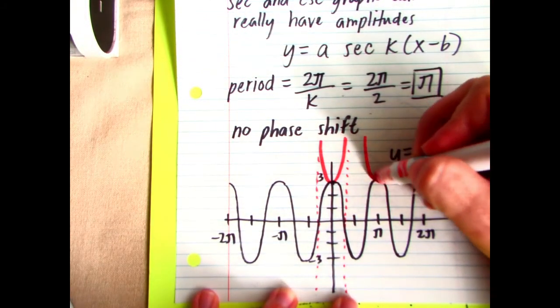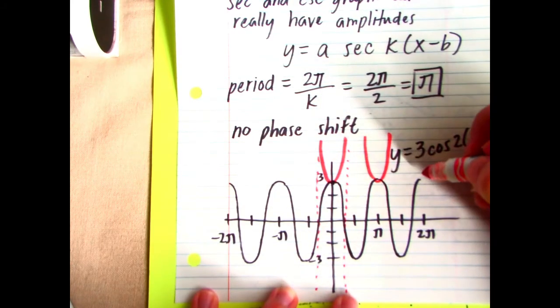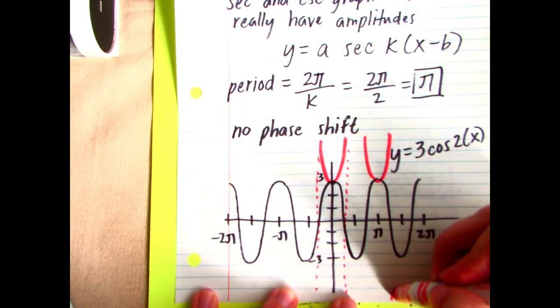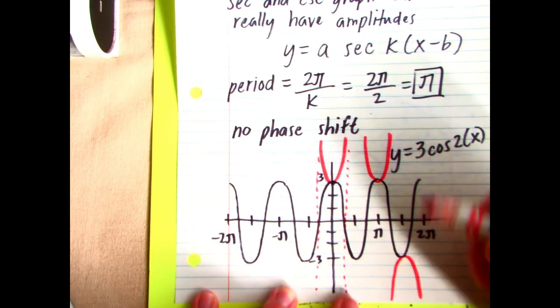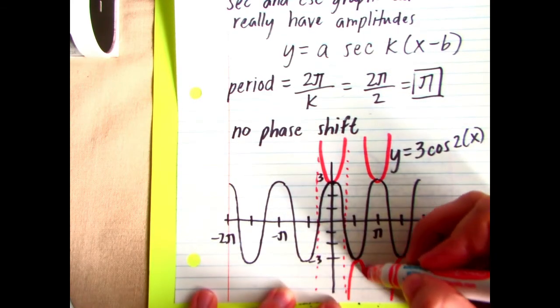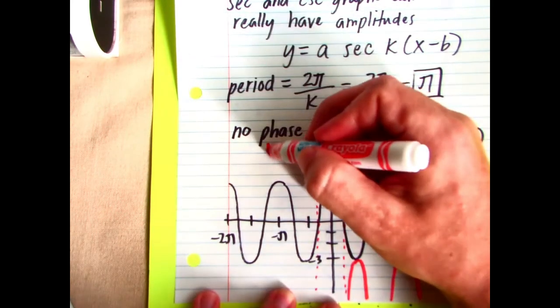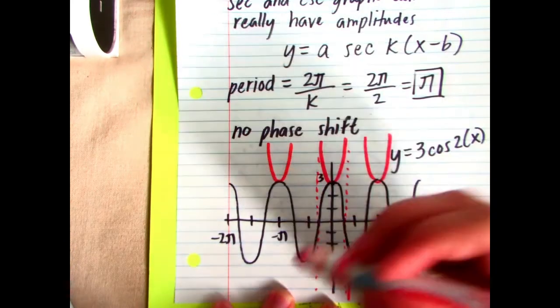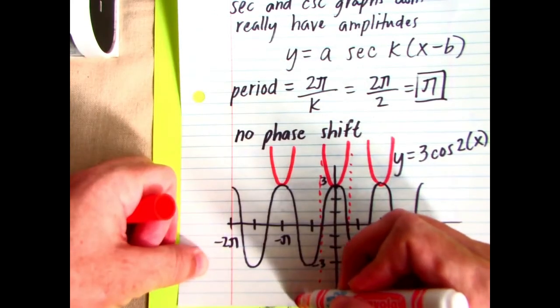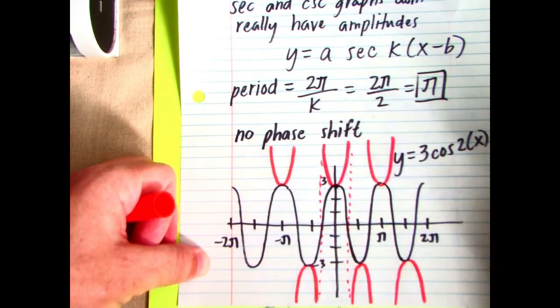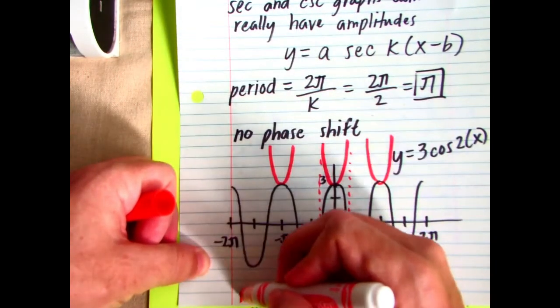And once I have those asymptotes in place, I can reflect out these humps. It's kind of hard to see the period with this red secant graph, because it's not really a wave.